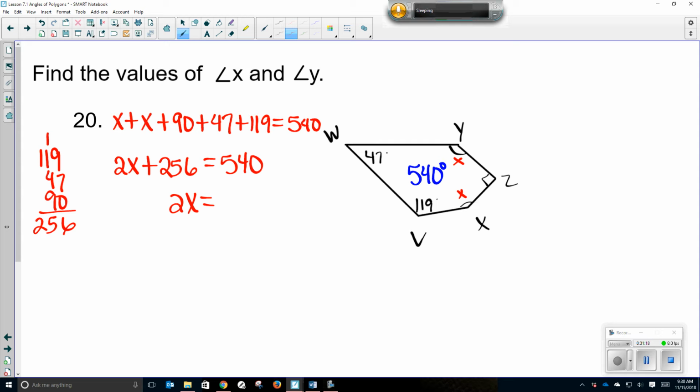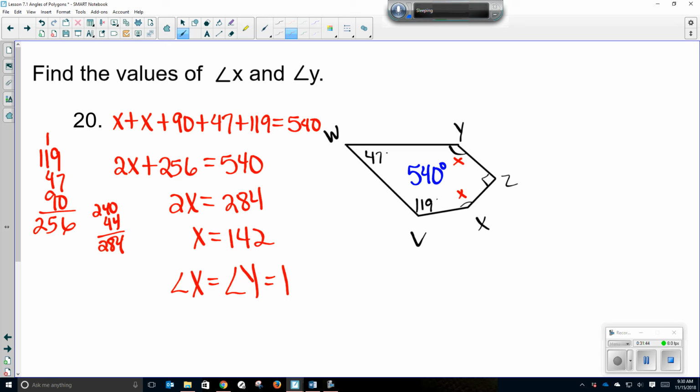That's 240 plus 44, which is 284. And then divide both sides by 2. That's 142. Okay. So angle X is equal to angle Y, which is equal to 142 degrees. You can write them separately or together like that.